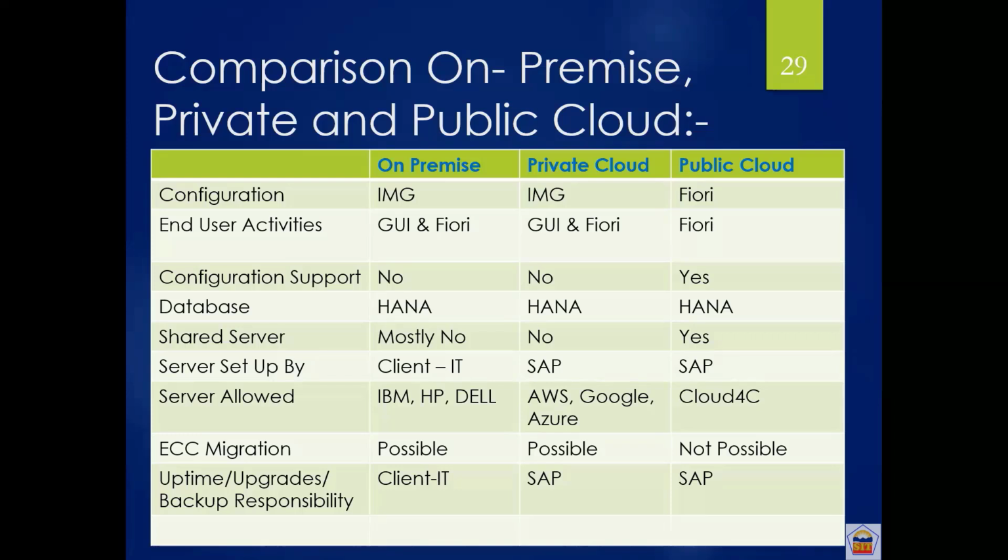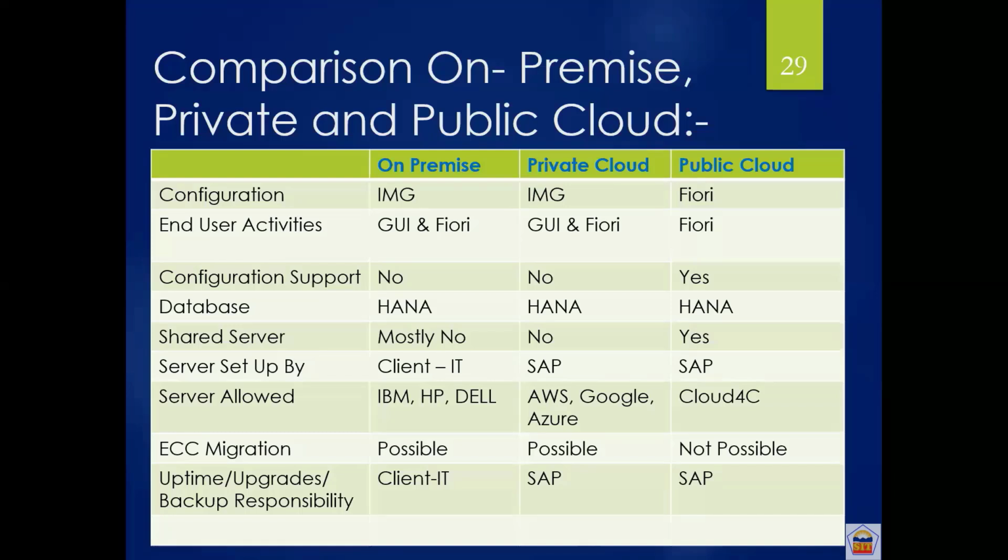So here it is saying that if we talk about the configuration, the configuration on the on-premise and private cloud can be done on the SAP GUI. We call it IMG, and through that IMG we can do that configuration, that development. Whereas the configuration in the public cloud is done through the Fiori application, through the Fiori platform.